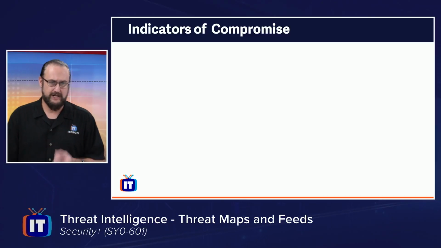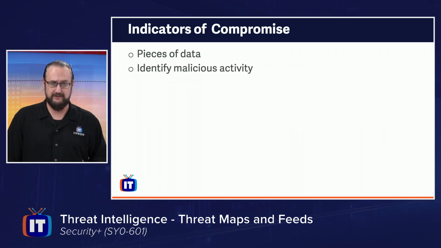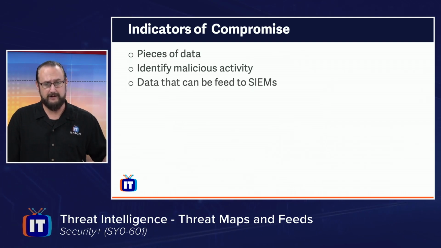Well, a lot of times it can help us to find things like mitigation strategies. We can create defensive strategies around things like indicators of compromise. Indicators of compromise are just pieces of information that help us to identify malicious activity, and that a lot of times is data that can be fed right into your SIEM-based systems.